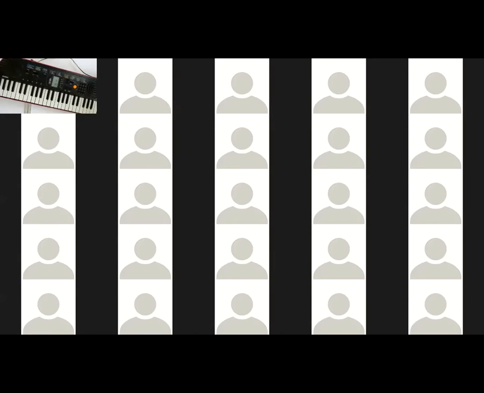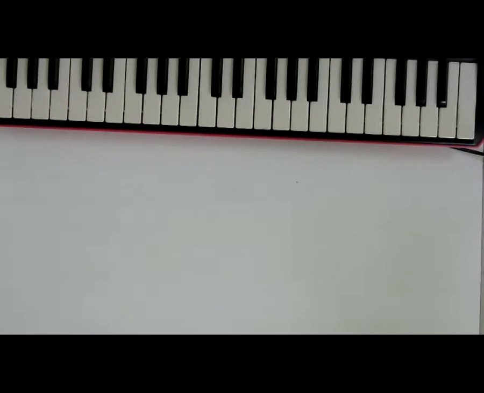Remove the piano first. I'll just keep it aside. Let it be. So, if you can just move to speaker view and pin my screen so that you will be able to see it clearly.